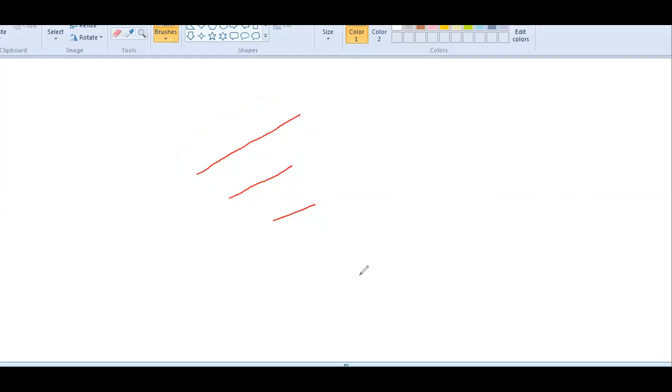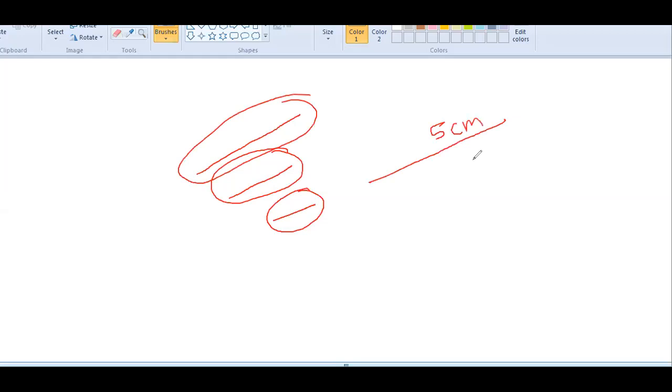Bigger than these two means if you add this and this, this will be bigger than both. So suppose this is 5 centimeters and this is 3 centimeters and this is 1 centimeter. Can you make a triangle? Try it with the toothpicks.